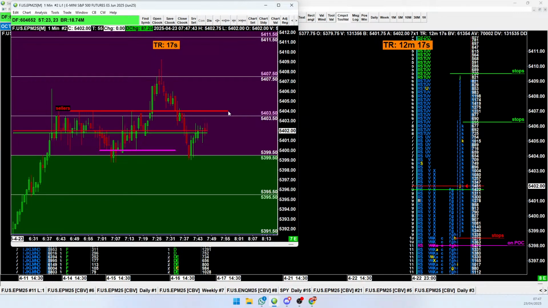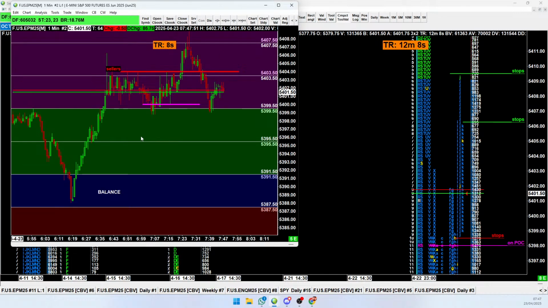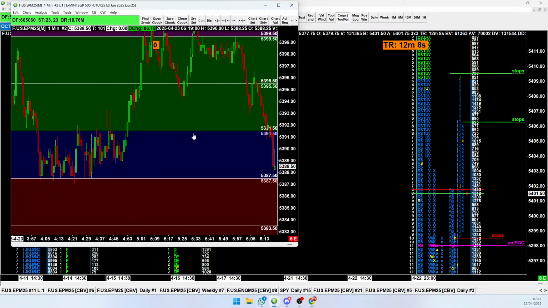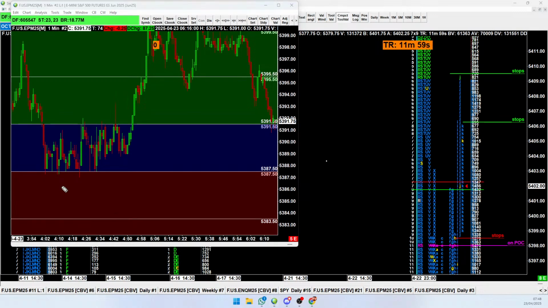So the balance zone I came up with this morning, well done, Mark, and this is how I found it, was right here. I was using these lows and this high and that high and that high. When you hit that high and looked above it, you came to that low, turned around, and went and looked above that high.